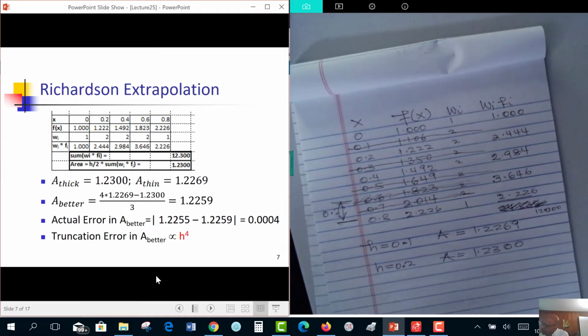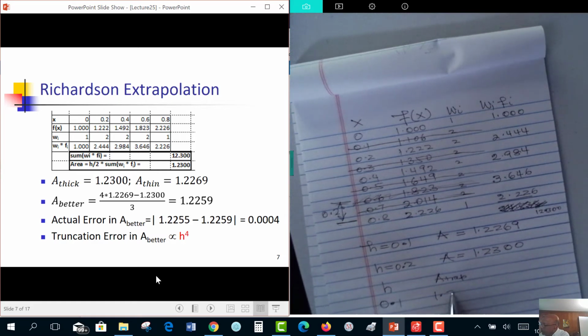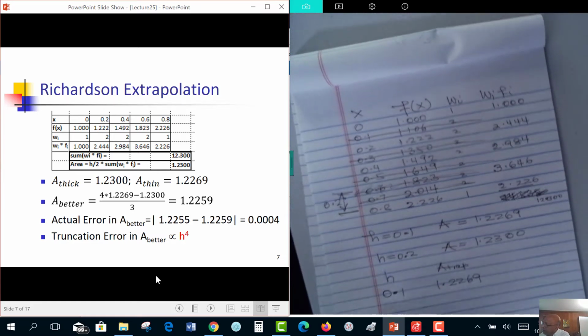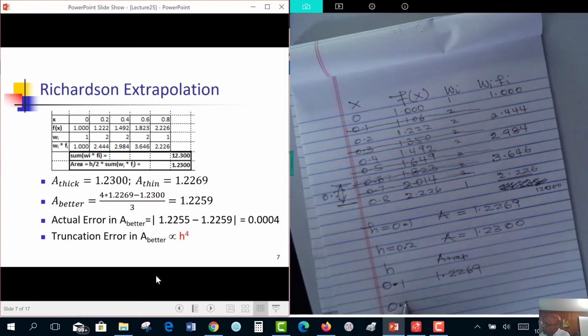So what we can do is build a table. With h equal to 0.1, the area by trapezoidal rule was 1.2269. When h is 0.2, it is 1.2300.